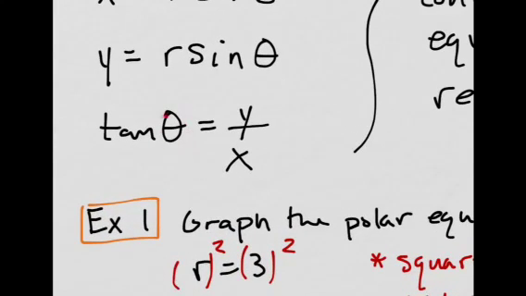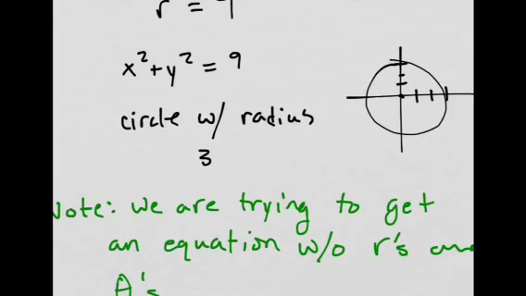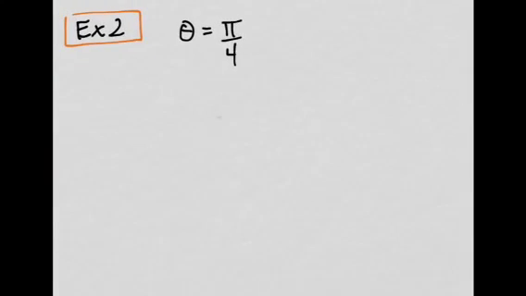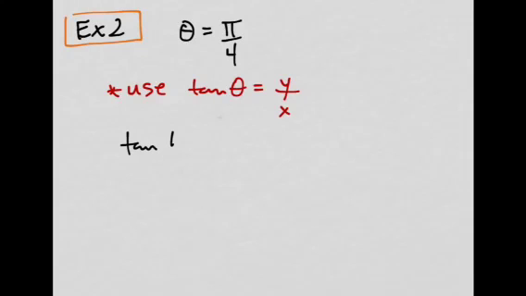But tangent, this equation doesn't use r at all, so I can use that. Tangent of theta equals y over x. So then I have tangent of pi over 4 equals y over x. My r's and my thetas are gone.